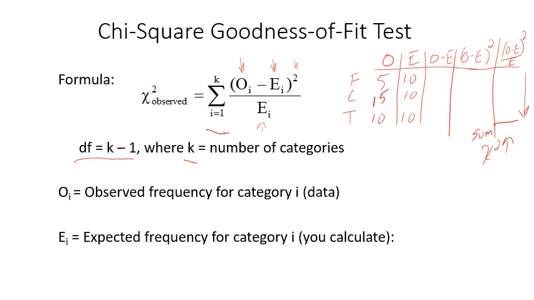Observed minus expected would be -5, 5, and 0. We square each of these, so 25, 25, and 0. We then divide the squared values by the expected again: 25 divided by 10 is 2.5, 2.5, and 0. So our chi-square value is 5. Pretty easy to do when you've got easy numbers like that, and it's a pretty simple test to do.